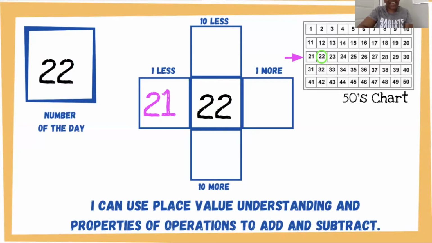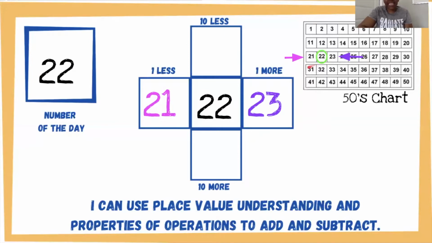Can you find the number that is 1 more than 22? There it is. The number that is 1 more than 22 is 23.